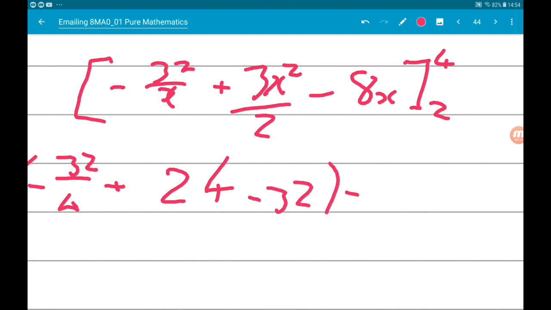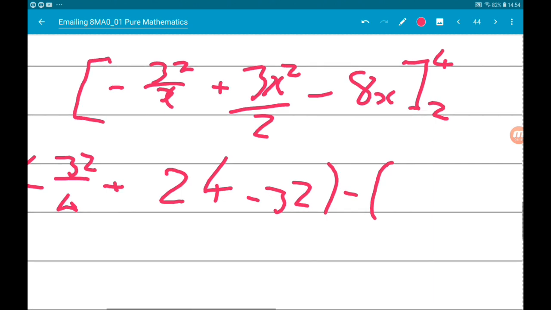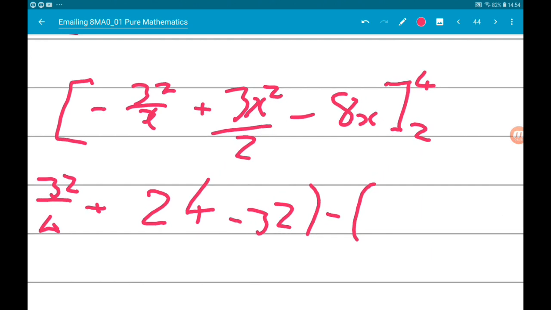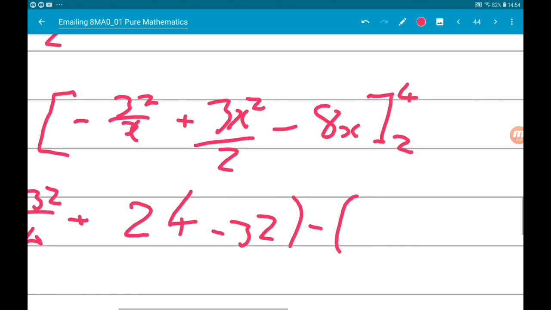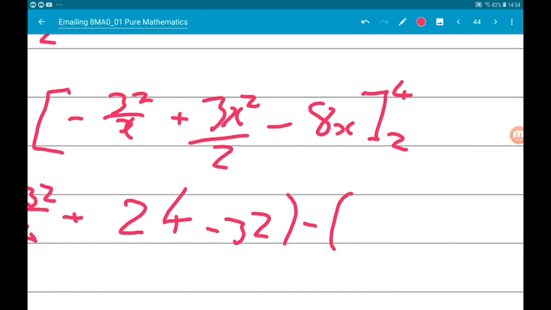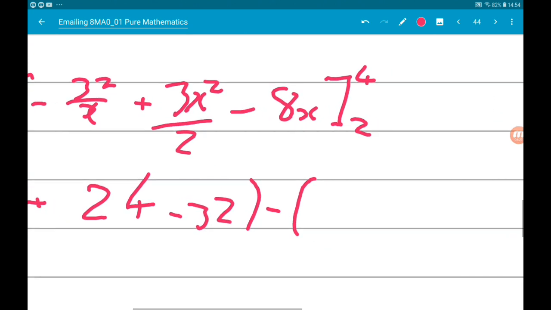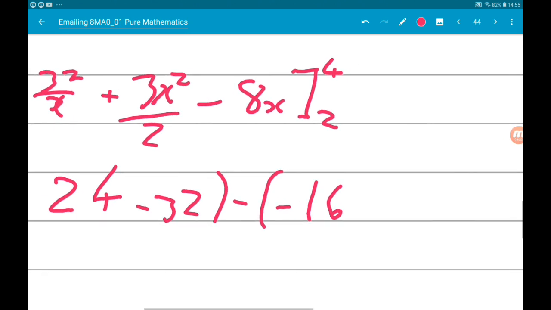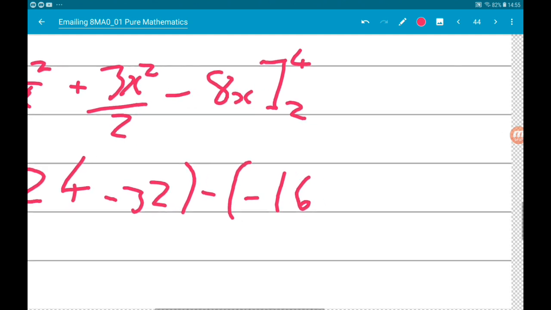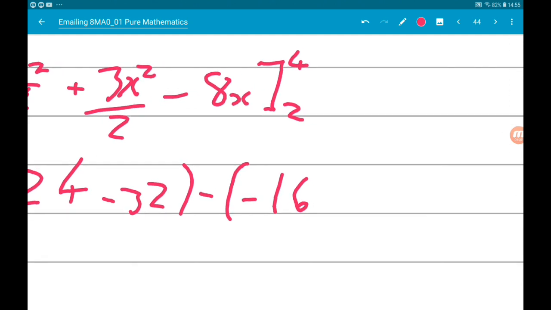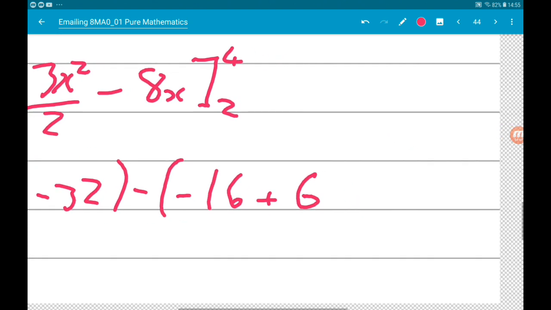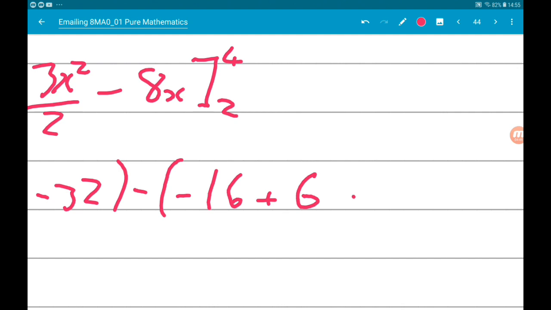Now we subtract what we get when we put 2 in. That gives us minus 32 over 2, which is minus 16, add 2 squared is 4, 3 times 4 is 12, divided by 2 is 6, and then minus 8 times 2, so minus 16.